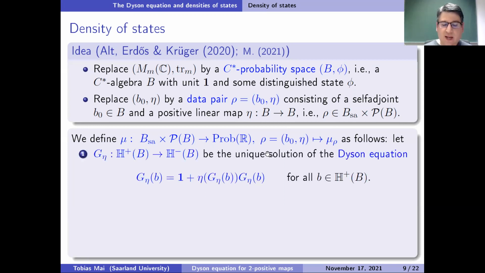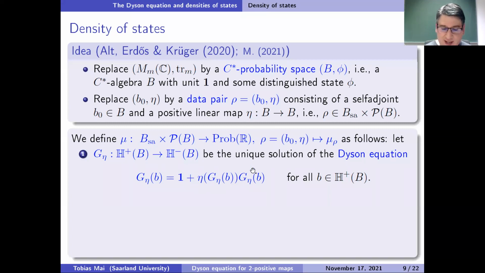First of all, we take a function from the B-valued upper half plane to the B-valued lower half plane, and we take this to be the unique solution. In fact, this is already a statement that there exists a solution and that this solution is a unique one of the Dyson equation.